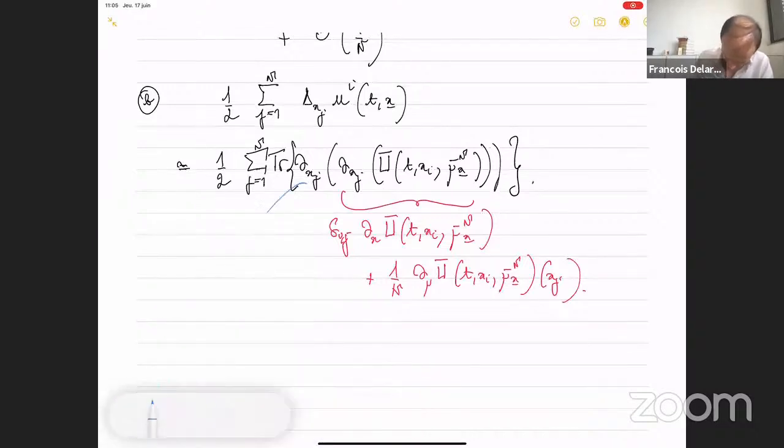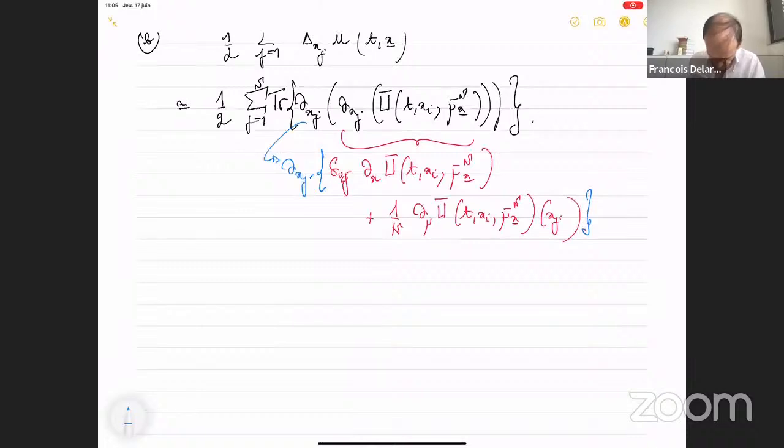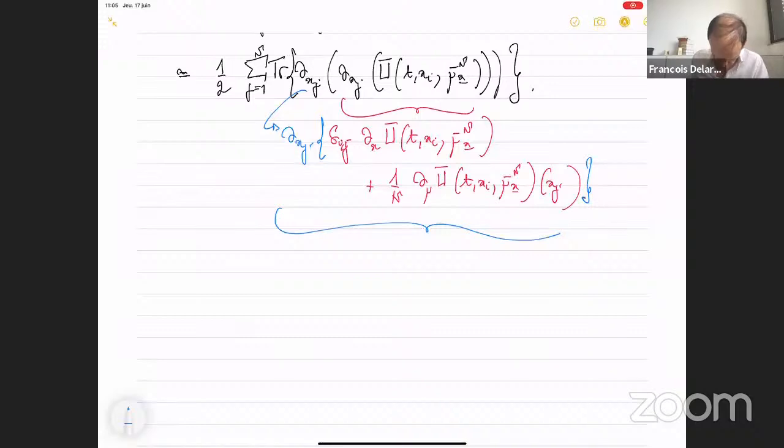Good. And then this guy is dxj. So there is a new derivative. Okay, there is a new derivative. Well, I have to do that. So what do I get? So it gives me, so I will have delta ij, and then if i is equal to j, I take a new derivative in the first variable, and I have d2x u bar txi mu bar and x underline. Plus, then I have delta ij.